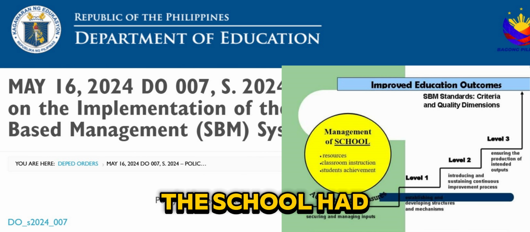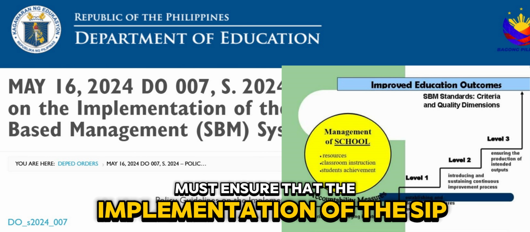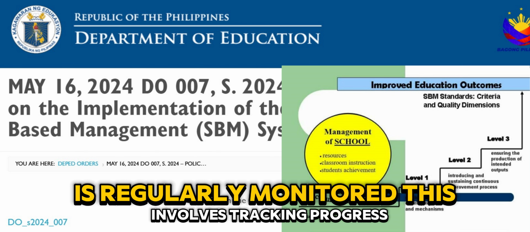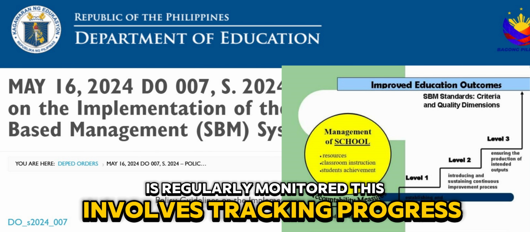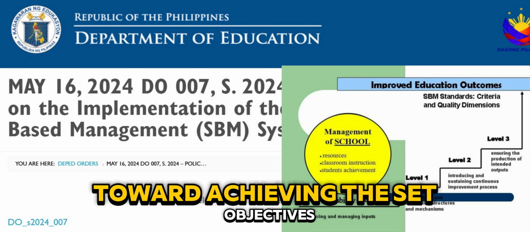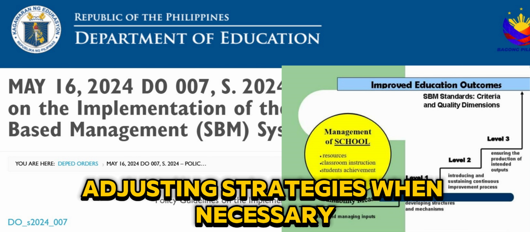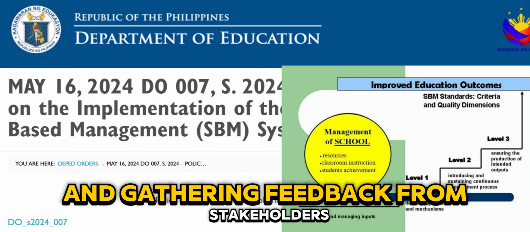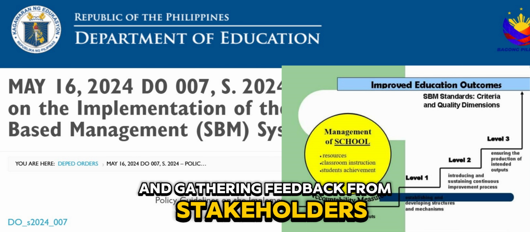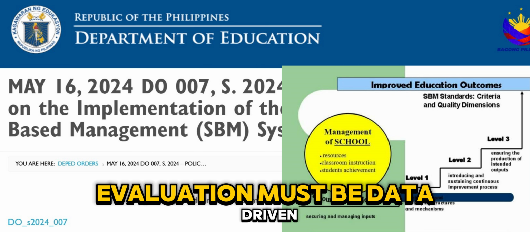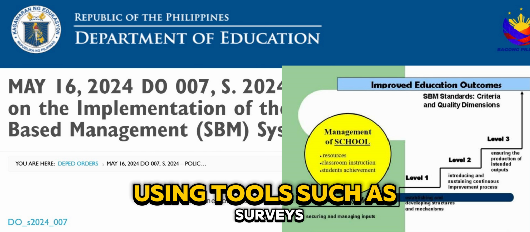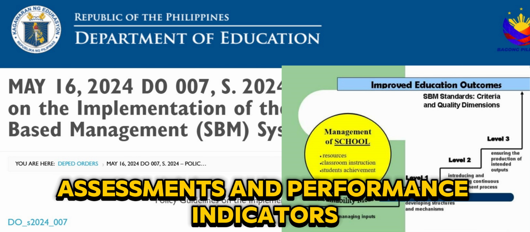The school head must ensure that the implementation of the SIP is regularly monitored. This involves tracking progress toward achieving the set objectives, adjusting strategies when necessary, and gathering feedback from stakeholders. Evaluation must be data-driven, using tools such as surveys, assessments, and performance indicators.